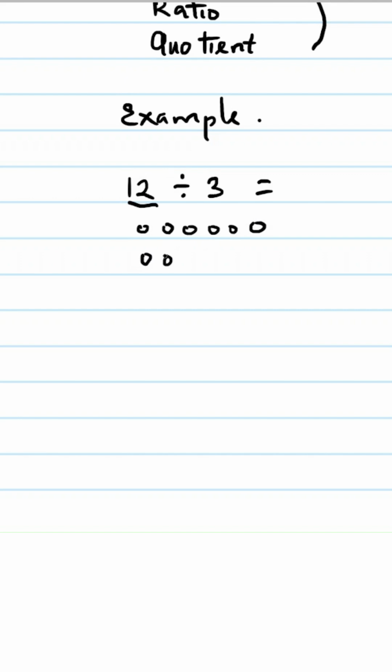Examples. Now remember that division is splitting a number into equal parts. Now the number we always split is the first number. So for example, if I'm given 12 divided by 3, remember the number we split is the first number. So I'll count 12. So I have 1, 2, 3, 4, 5, 6, 7, 8, 9, 10, 11, 12.